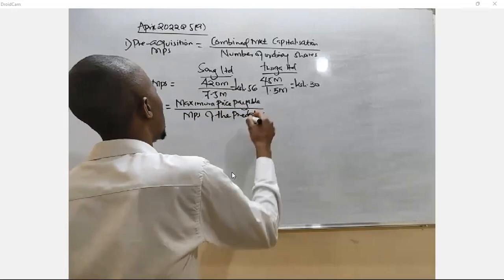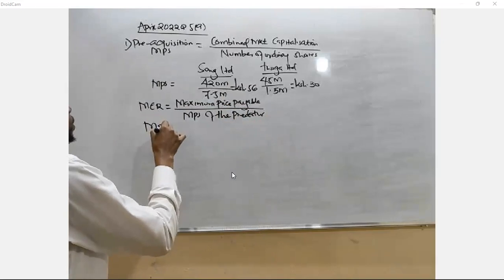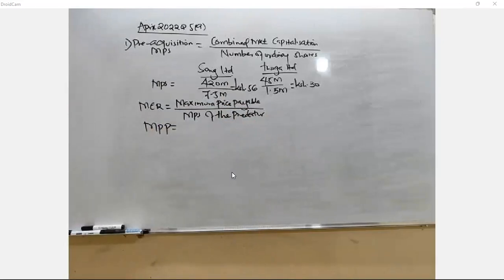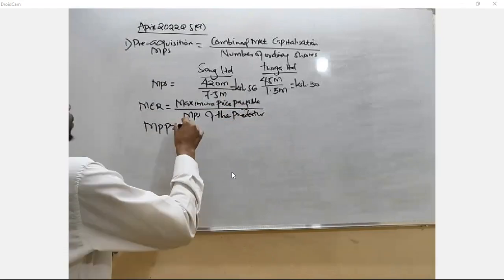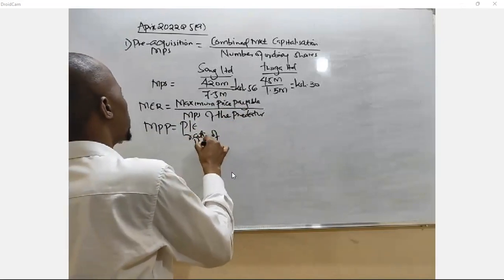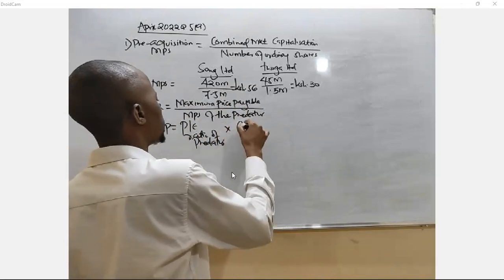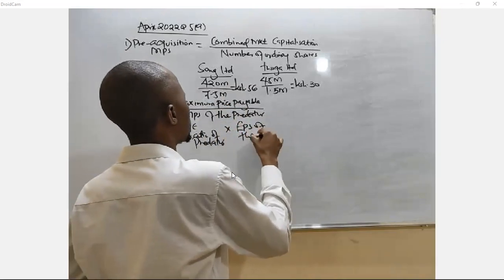So how are we going to get the maximum price payable? We take the P/E ratio of the predator and multiply it by the earnings per share of the target.